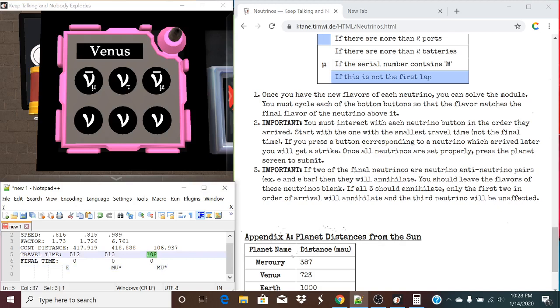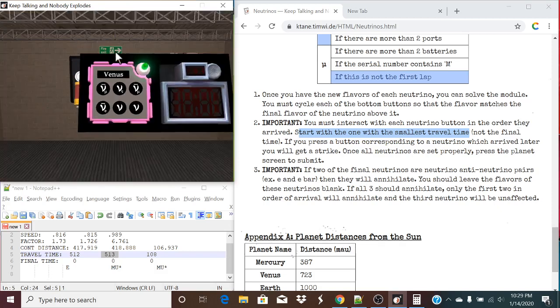So in this case, we would interact with this one first, this one second, and this one third, as it says, start with the one with the smallest travel time. Just like that. So we're going to set this one to an antineutrino epsilon, or echo, and submit the module. And just like that is a solved module.